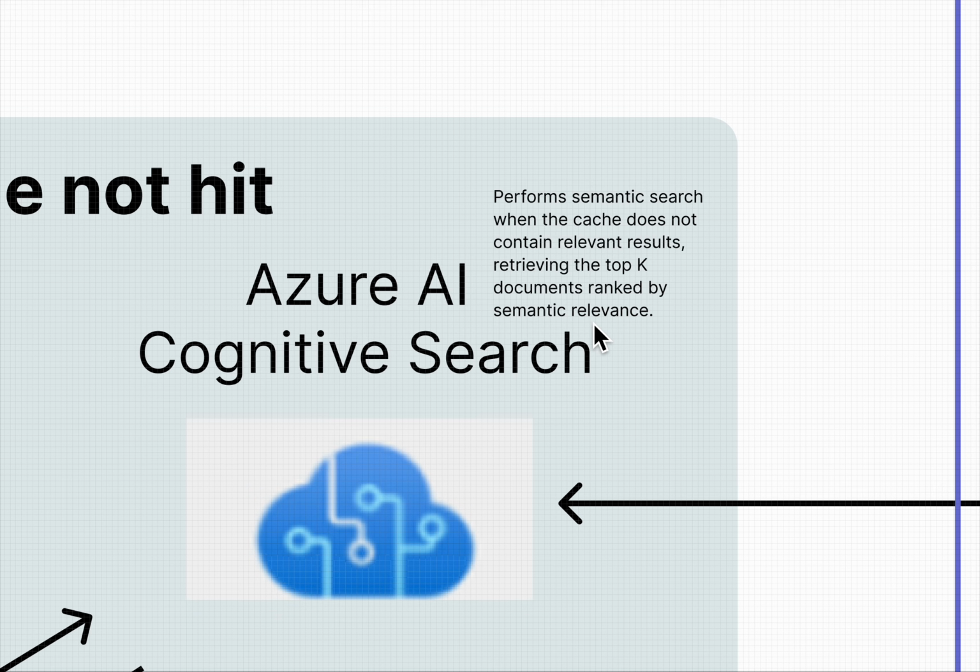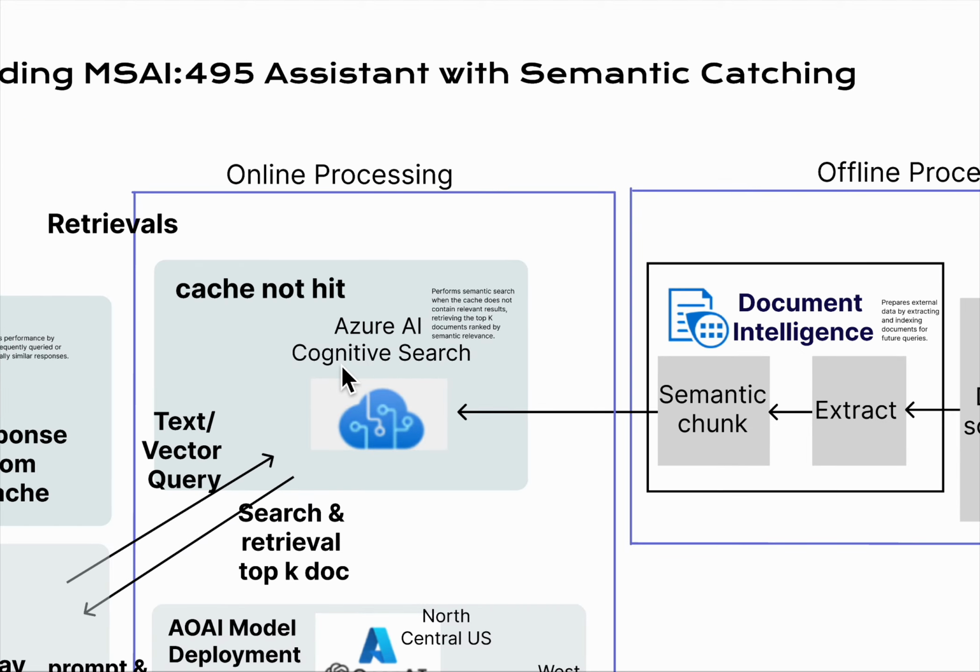Azure AI Cognitive Search is a great tool to offer semantic search and index optimization, enabling efficient large-scale data retrieval and ranking.